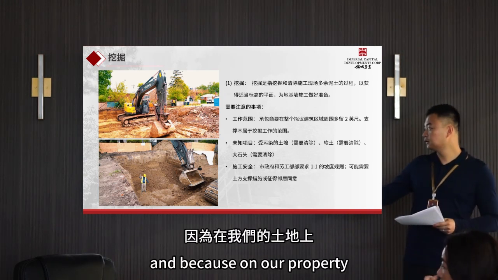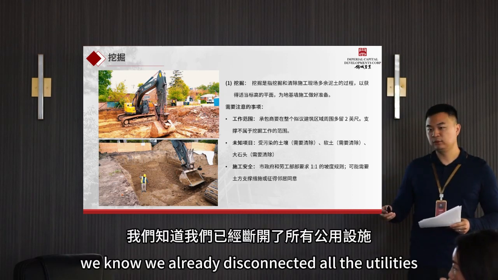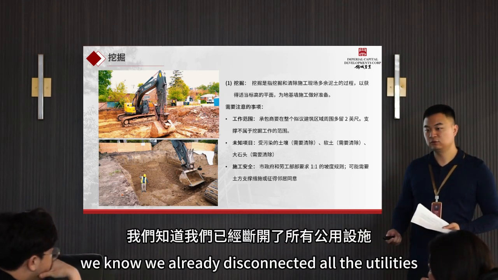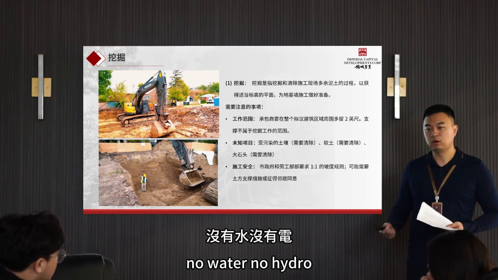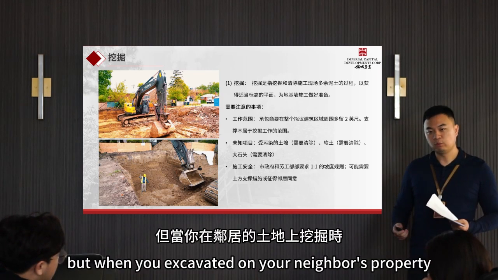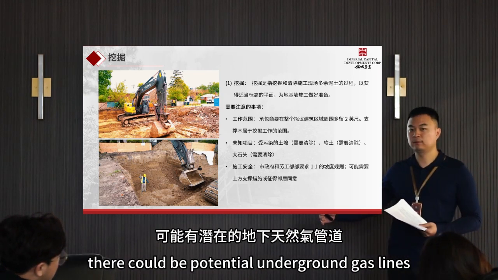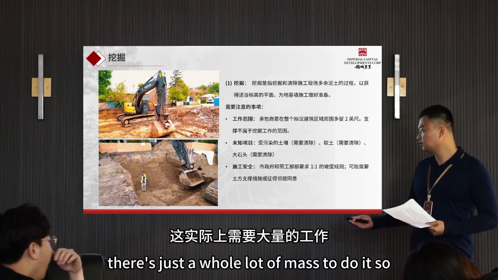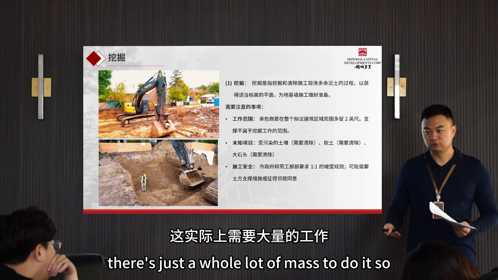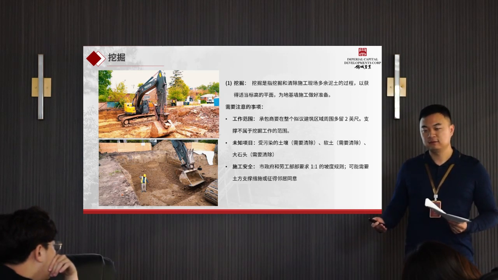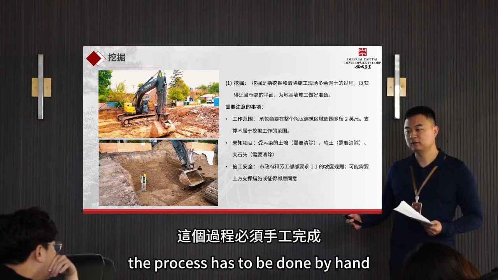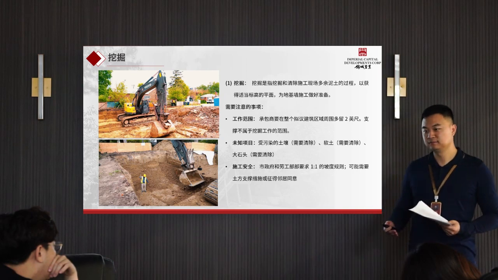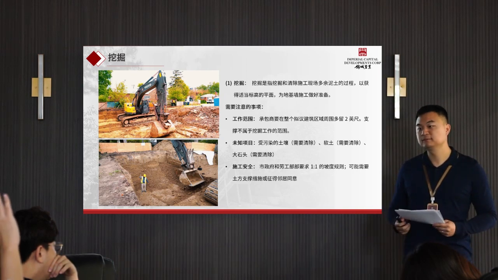On our property, we know we already disconnected all the utilities, so there's no gas, no water, no hydro. But when you excavate on your neighbor's property, there could be potential underground gas lines, water lines. There's a whole lot of mess to do it. So even if your neighbors agree, the process has to be done by hand. So you still have to pay extra money.